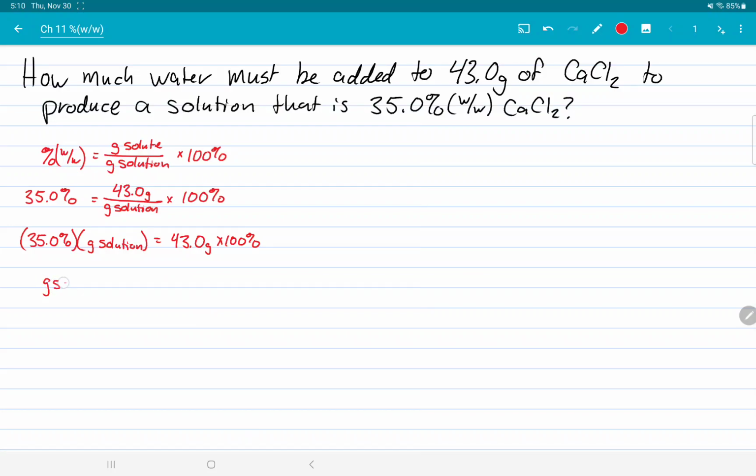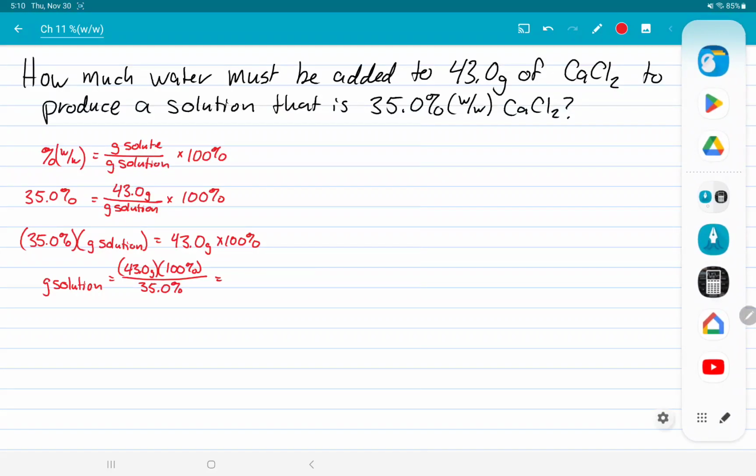So grams of solution would equal 43.0 grams times the 100% divided by the 35.0%. And pull up a calculator here.